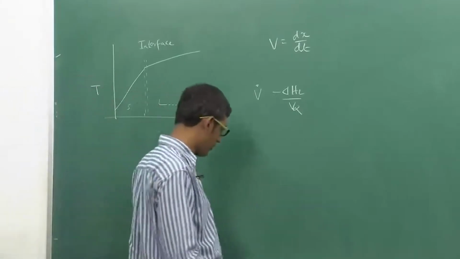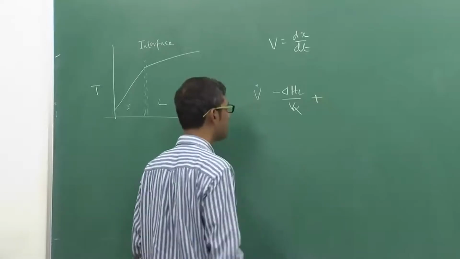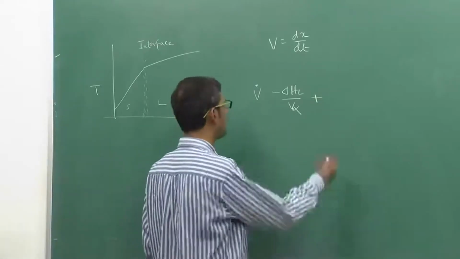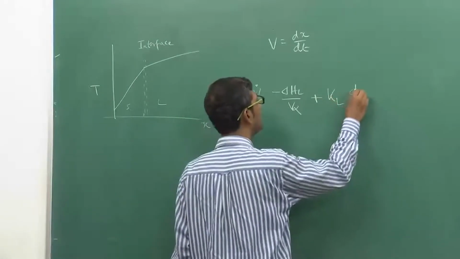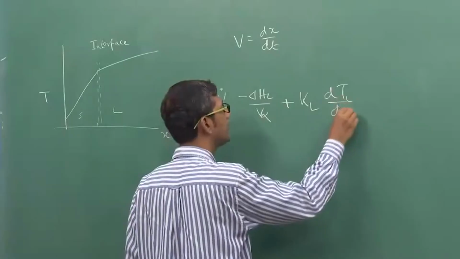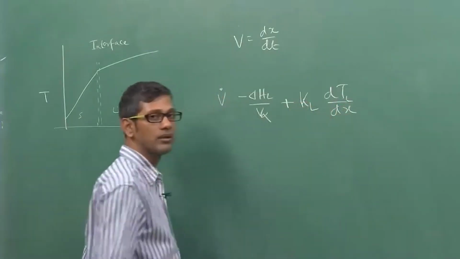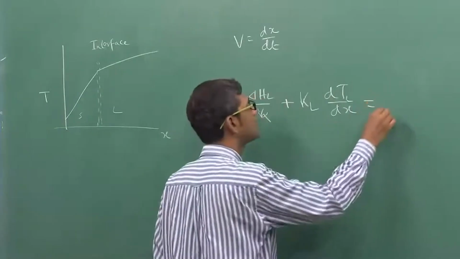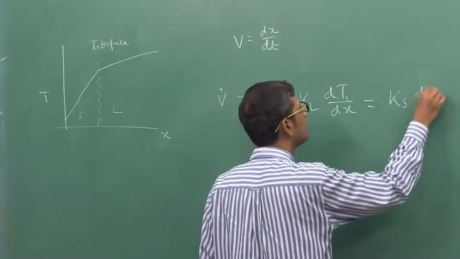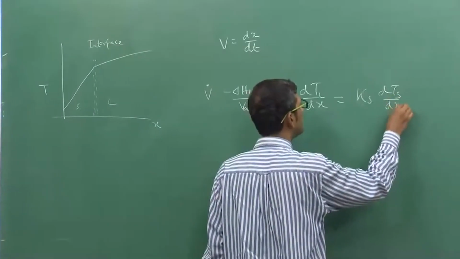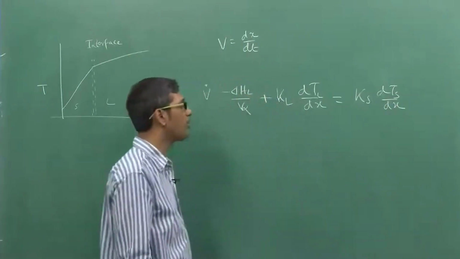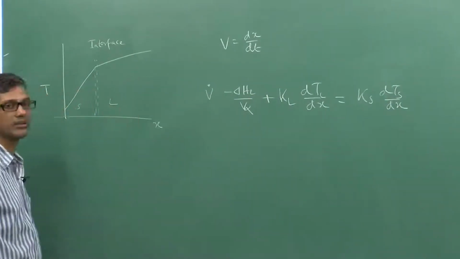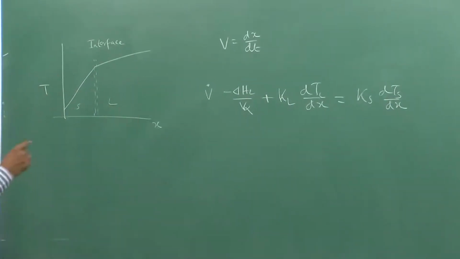This, plus the temperature gradient in the liquid multiplied by the thermal conductivity, as you know, this is the Fourier term, must be equal to the temperature gradient in the solid multiplied by the conductivity of the solid.